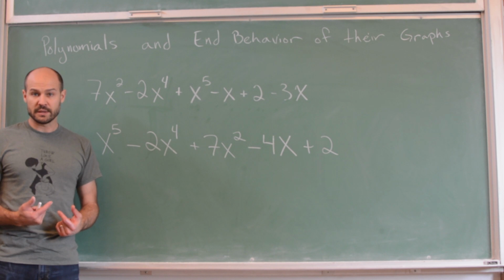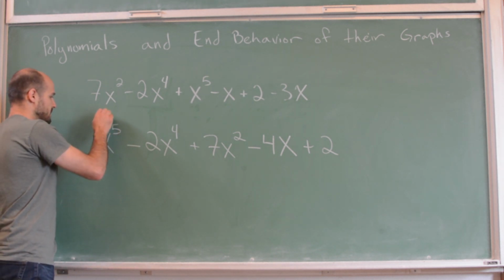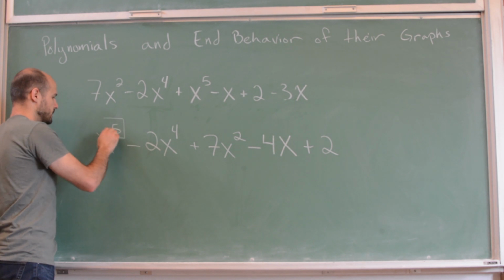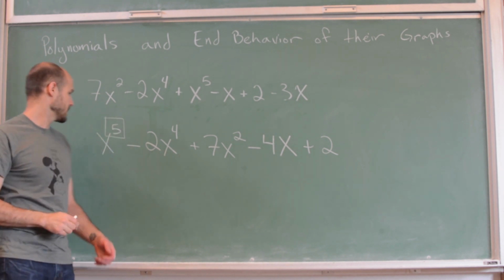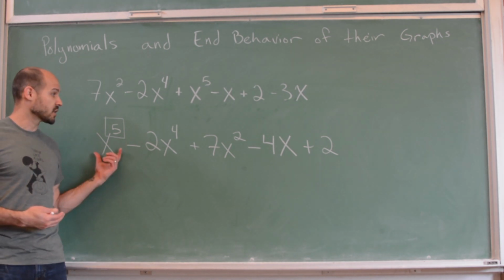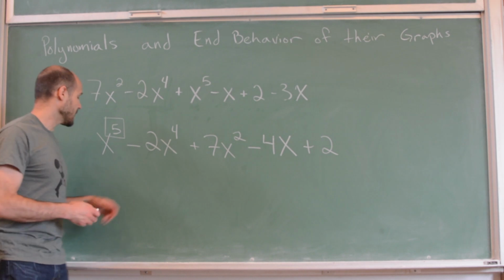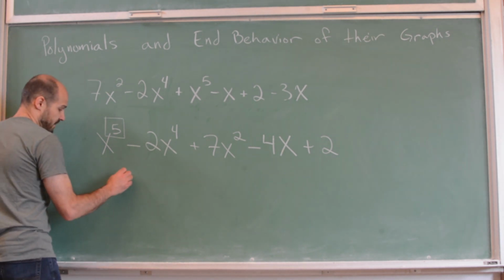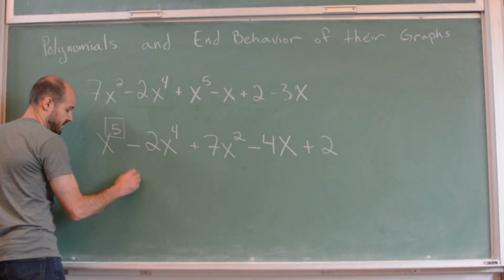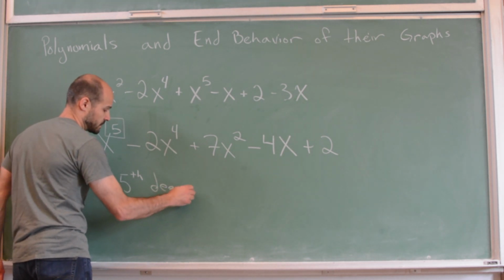Classifying our polynomial just means looking at the very first term's exponent. This number is 5. This is the leading term of our polynomial, now that it's in standard form. So our polynomial is of the 5th degree. This is a 5th degree polynomial.